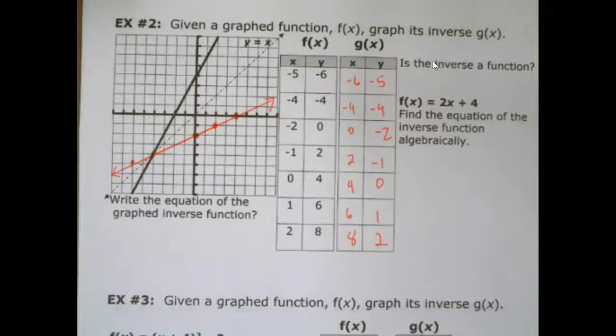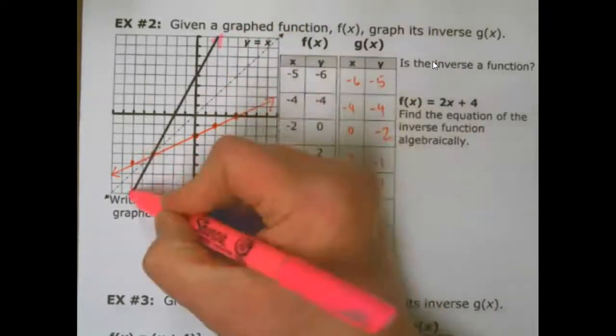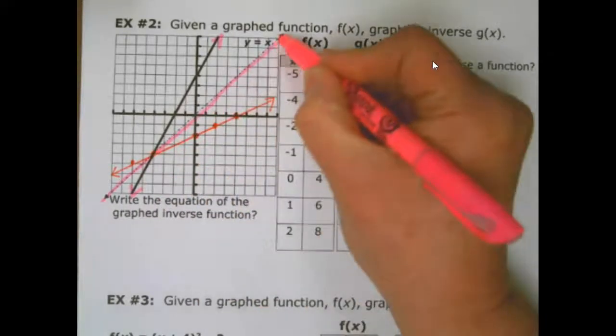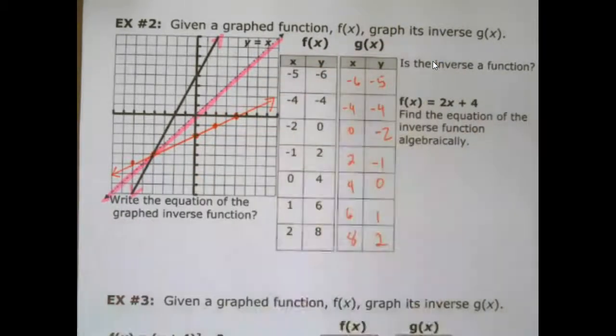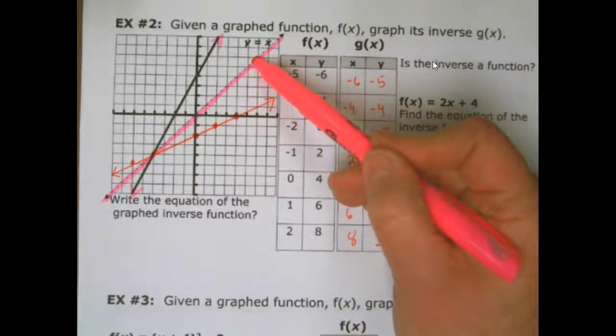The inverse of a line is another line. The first line and the inverse line are reflections over the y equals x line. This line right here is the y equals x line.